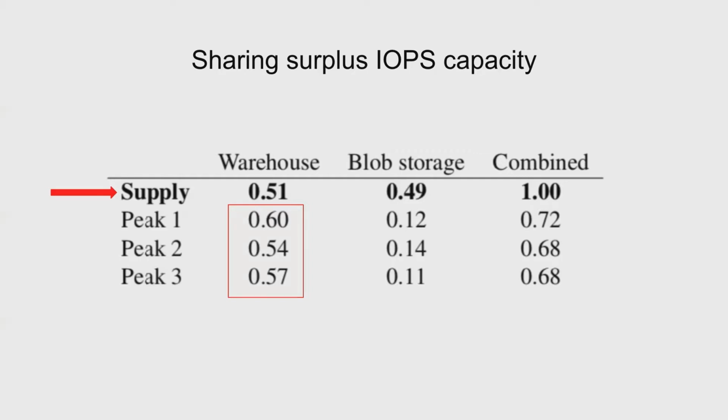So if the data warehouse had been a separate storage system, it would have required over-provisioning. So using whatever surplus the blob storage has, and consolidating both of these storage system needs into a single cluster, meant that Tectonic was able to use its resources efficiently.